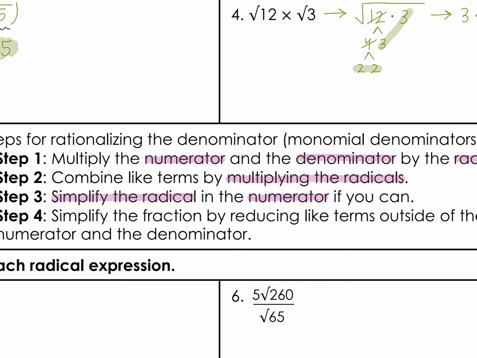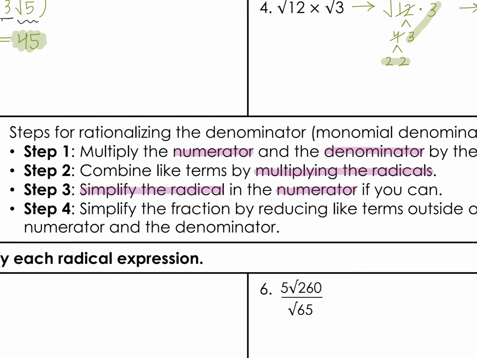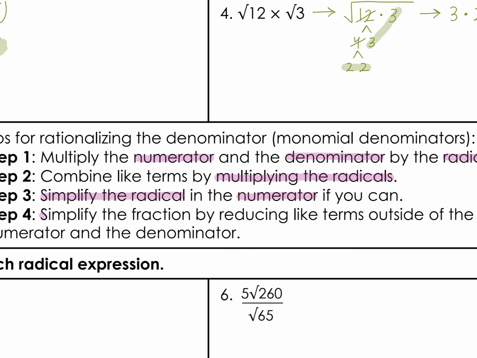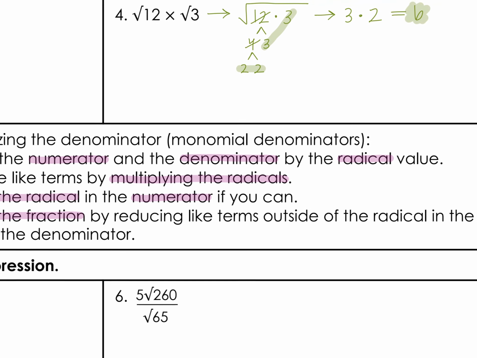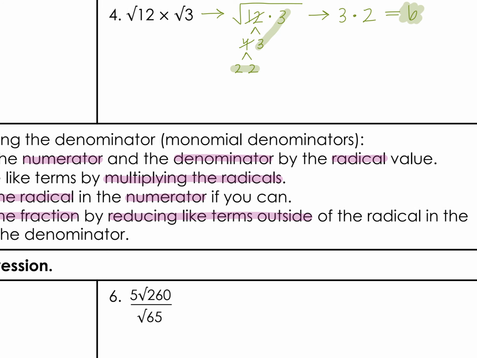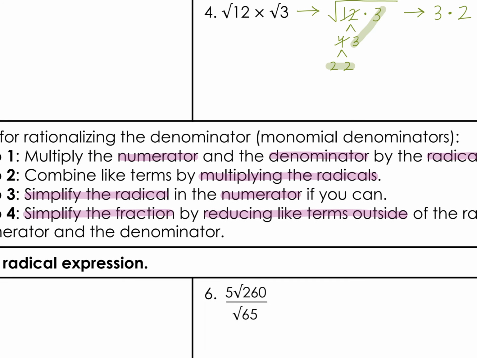It might happen that you can't, but a lot of times you should be able to do something. Then moving into our final step, step 4: simplify the fraction by reducing the like terms outside of the radical in the numerator and denominator.